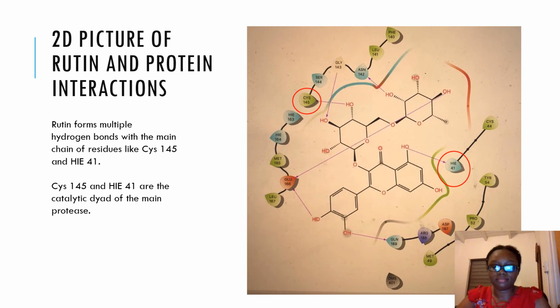And both of these are the catalytic dyad of the main protease, and these are the most important residues in the SARS-CoV-2 main protease. So these two are the most important binding site residues at the active site of the interaction.